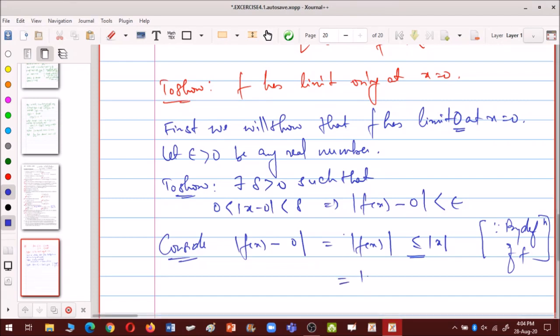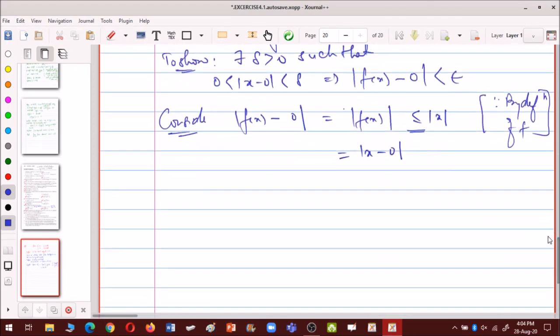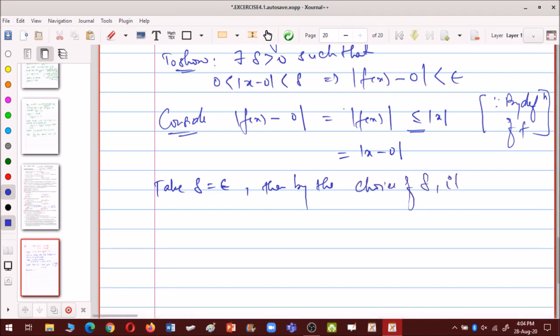Now |x| I can write as |x minus 0|. So from here it is clear that if I take delta equal to epsilon, then 0 less than |x minus 0| less than delta will imply |f(x) minus 0| less than epsilon. So take delta equal to epsilon, then by the choice of delta it is clear that 0 less than |x minus 0| less than delta implies |f(x) minus 0| is less than epsilon.